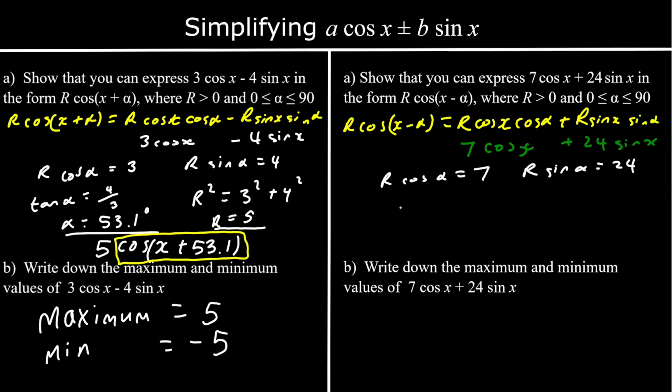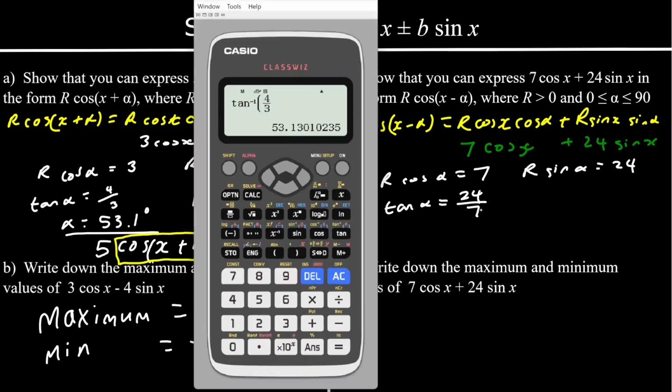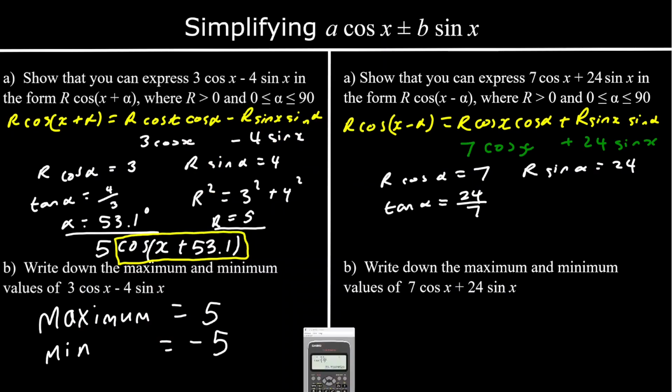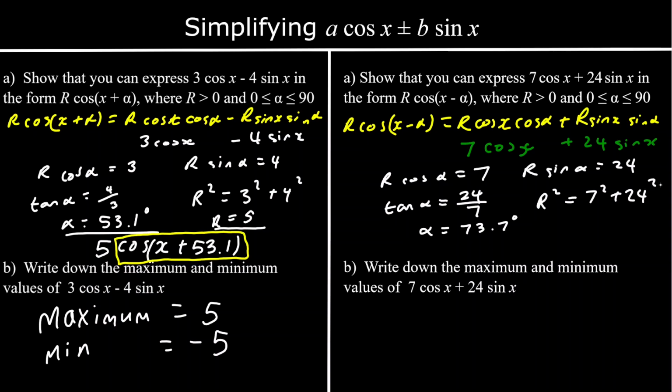To find alpha, we do sine over cos. We get tan. Tan alpha is 24/7. Shift tan 24/7, 73.7. Alpha is 73.7 degrees. R is Pythagoras. R squared is 7 squared plus 24 squared. It's another Pythagoras triple.